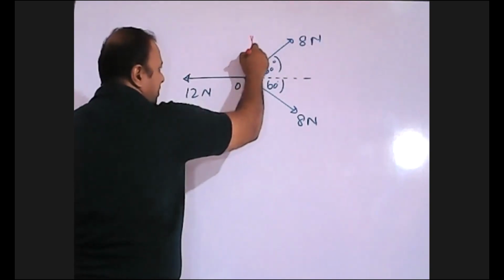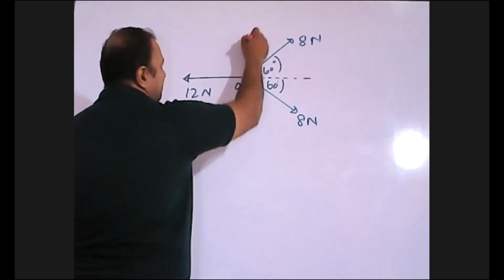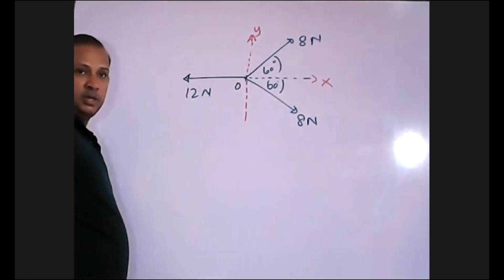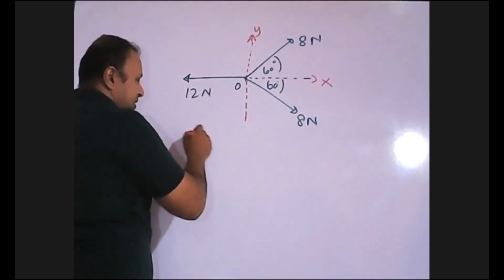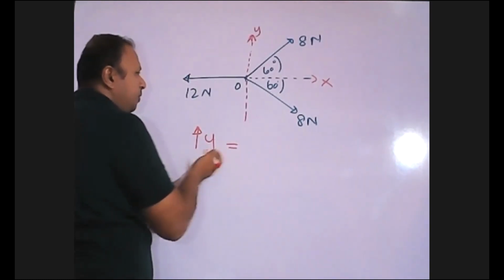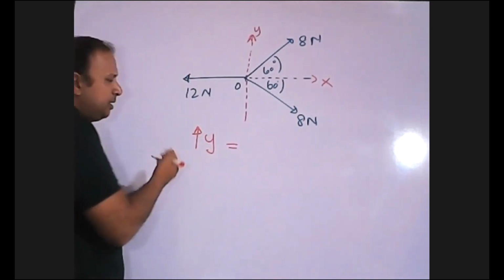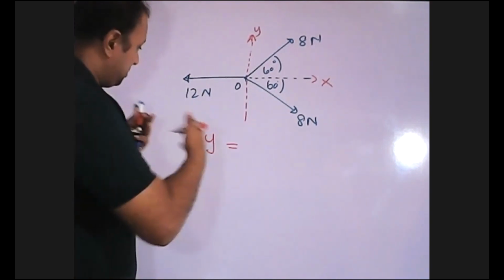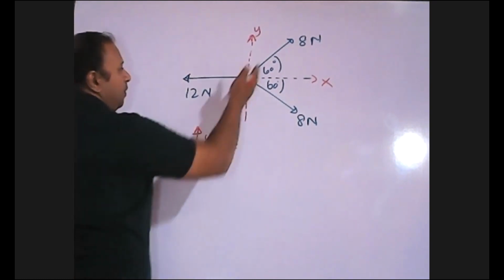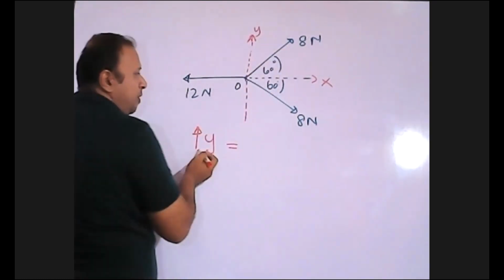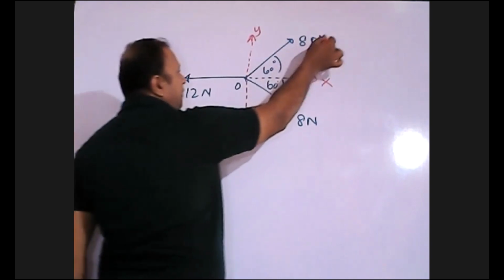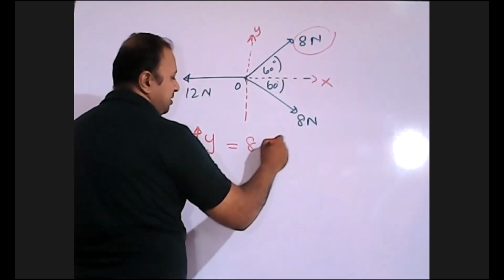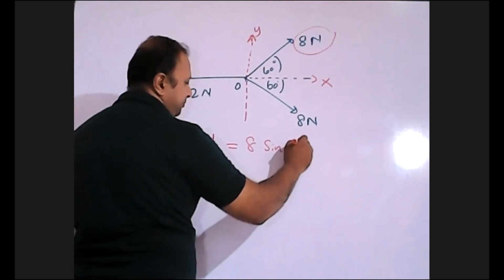Suppose this is y direction, and this one is x. If I take the components in y direction, you don't need to write this, but I will write it so that you understand. The y component of the 8 Newton force is 8 sin 60.